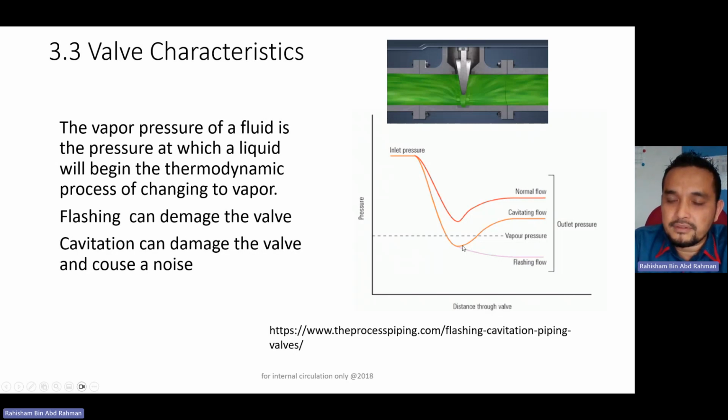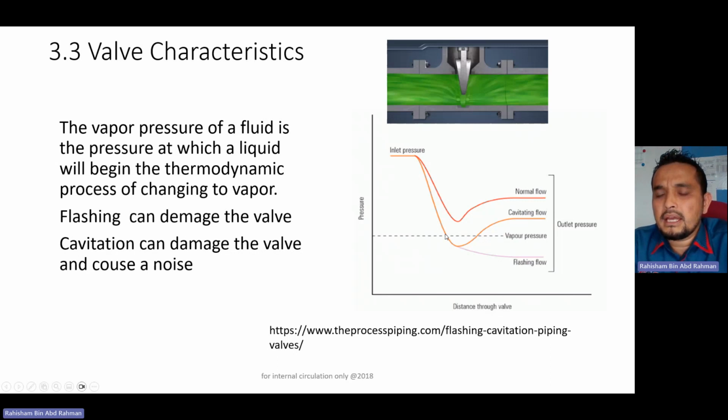So in this scenario, this one is the formation of flashing, and the air bubbles within the liquid will become a fluid, implode. The air bubbles implode and it becomes all fluid. This is what we call cavitation flow.